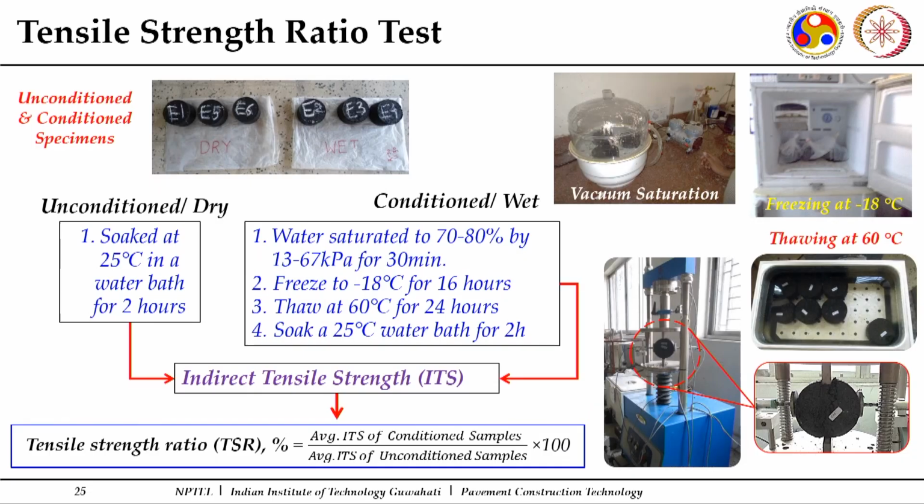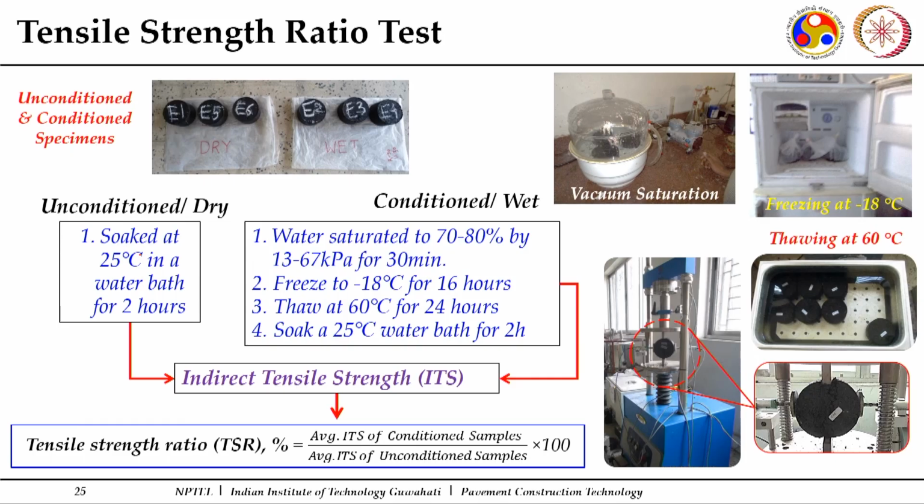Now, for looking into the moisture damage resistance, this specimen is subjected to different moisture conditioning environments. In one case, for an unconditioned sample, the mix is kept in a water bath to bring its temperature to 25 degrees centigrade. In the second case, the mix is first produced at a definite air void content and then saturated. We are intentionally saturating that mix with water.